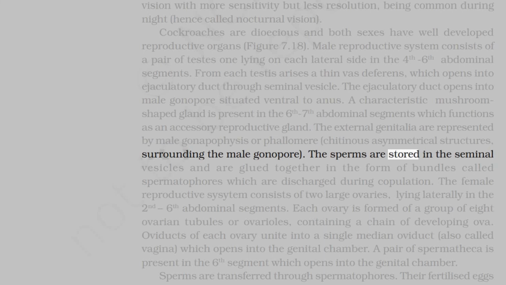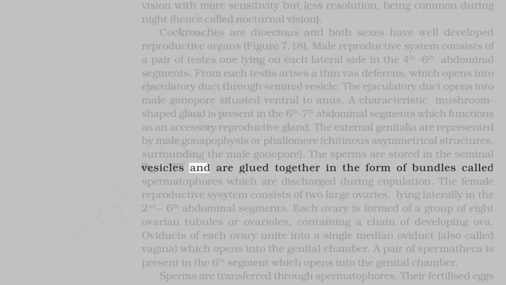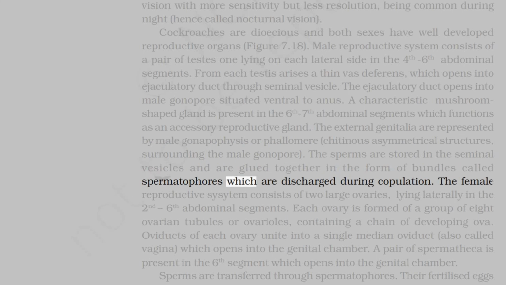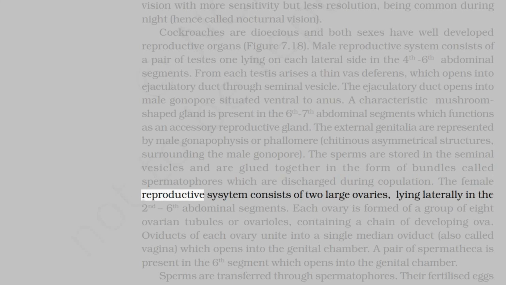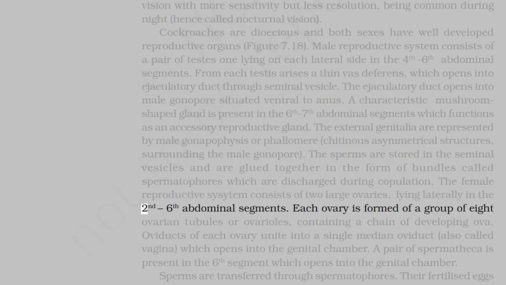The sperms are stored in the seminal vesicles and are glued together in the form of bundles called spermatophores, which are discharged during copulation. The female reproductive system consists of two large ovaries, lying laterally in the 2nd to 6th abdominal segments.